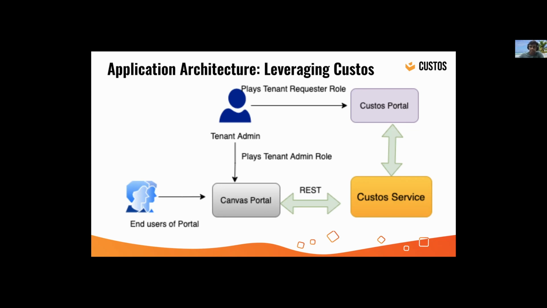The Custos admin gets notified of this tenant request, goes through all the tenant configurations, and then activates the tenant. Once the tenant is activated, it can be used to integrate with this canvas portal, and those credentials will be used to access the Custos service APIs.